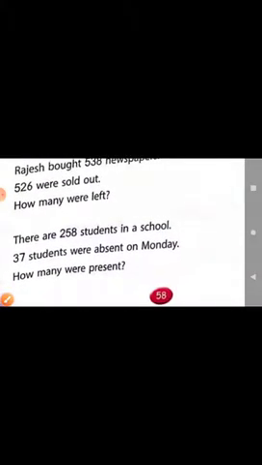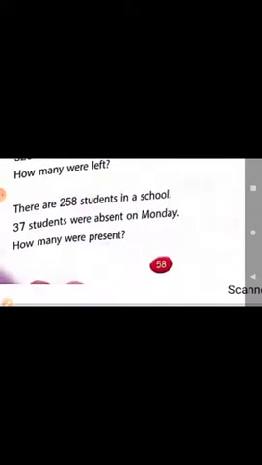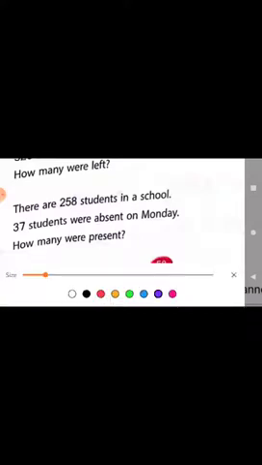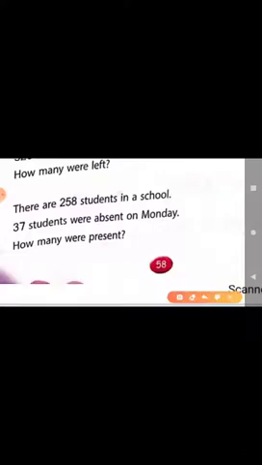Now next is, there are 258 students in a school. 37 students were absent on Monday. How many were present? So what is the total number of students in this school? It is 258. And out of this 258, how many students were absent on Monday? 37.